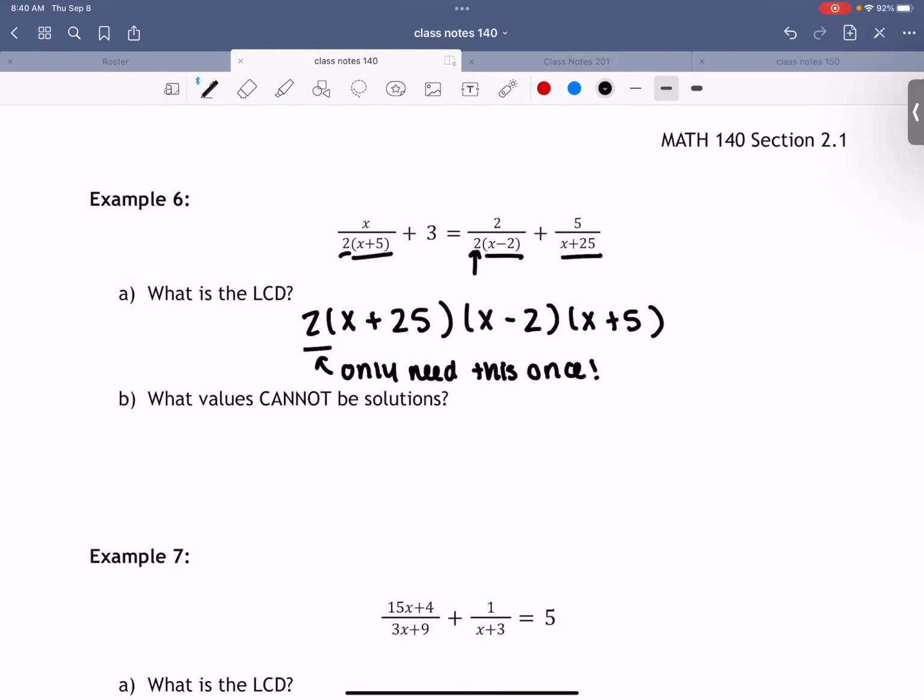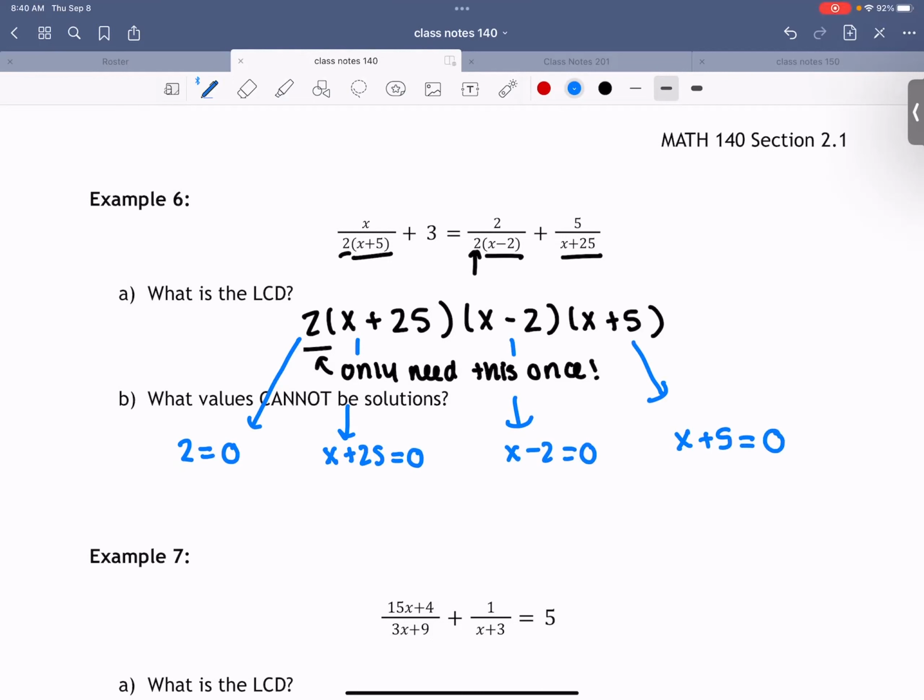Let's talk about what can't be solutions. I know you can kind of do this in your head, but if you need a systematic way to do this, you can take each component of our LCD and set it equal to 0 and solve for x, right? So we've got 2 equals 0, x plus 25 equals 0, x minus 2 equals 0, and x plus 5 equals 0. Okay.